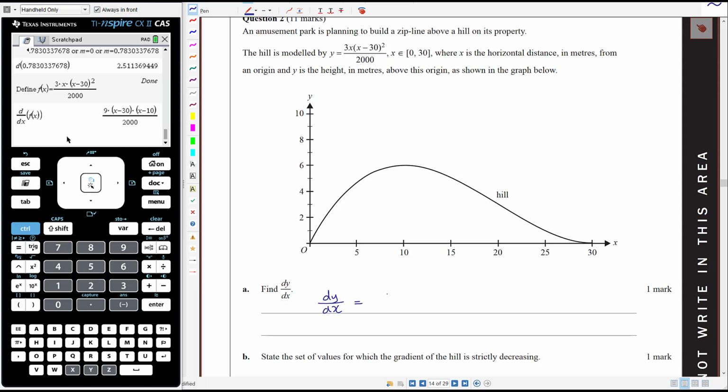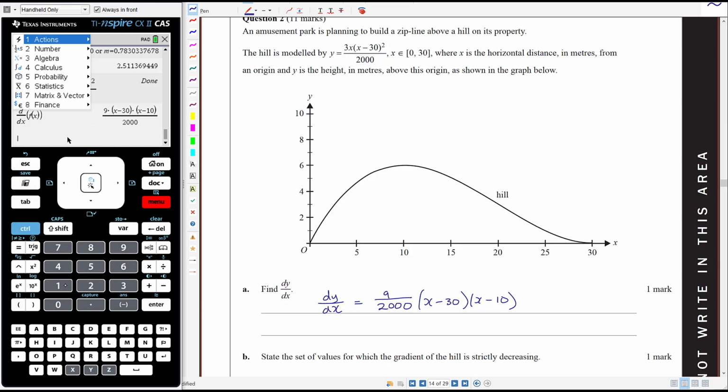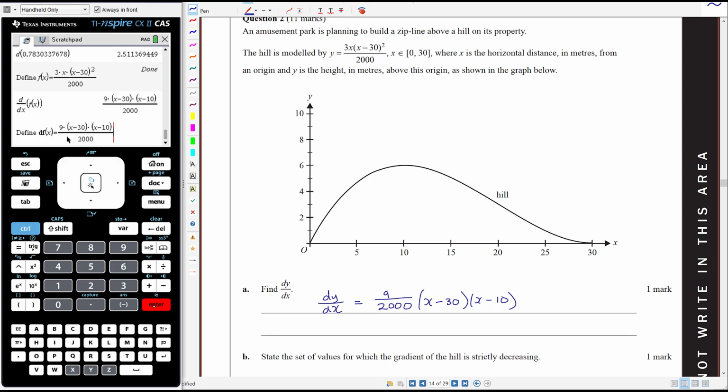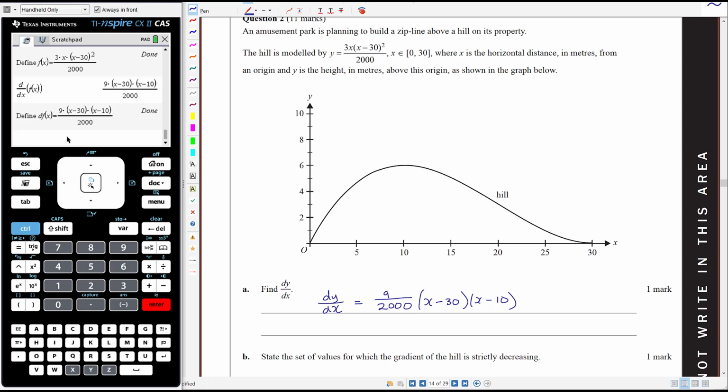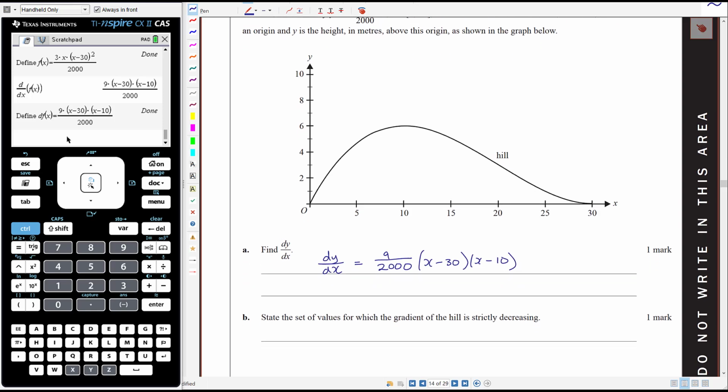You might prefer to take that 9 on 2000 out the front, times x minus 30 times x minus 10, or any version of that. I might define my derivative as well while I'm here, so derivative of f of x is that. Okay. State the set of values for which the gradient of the hill is strictly decreasing.